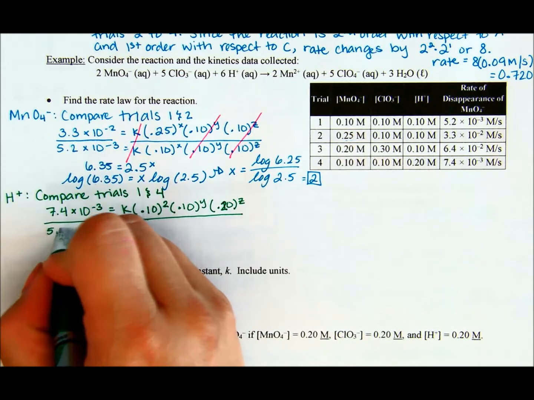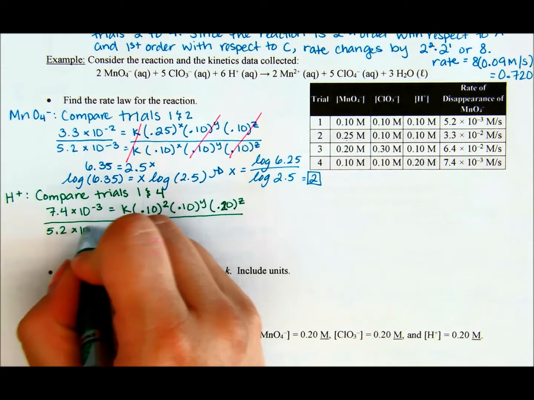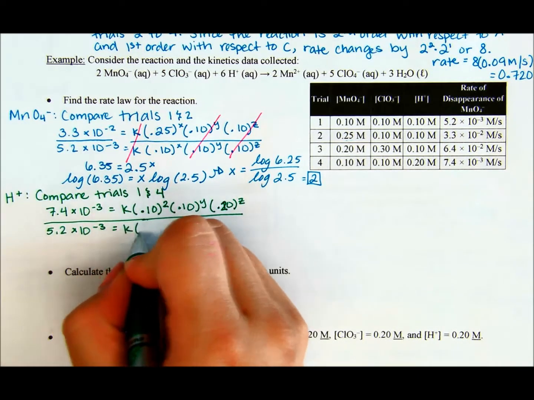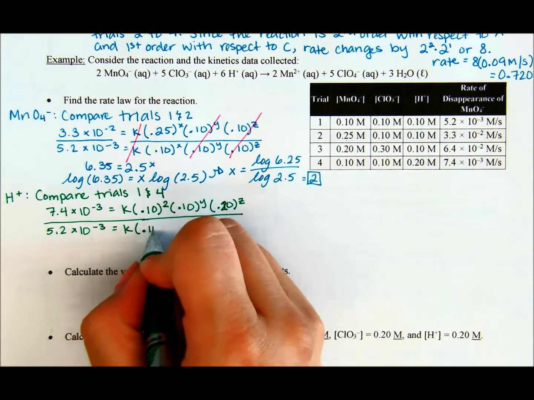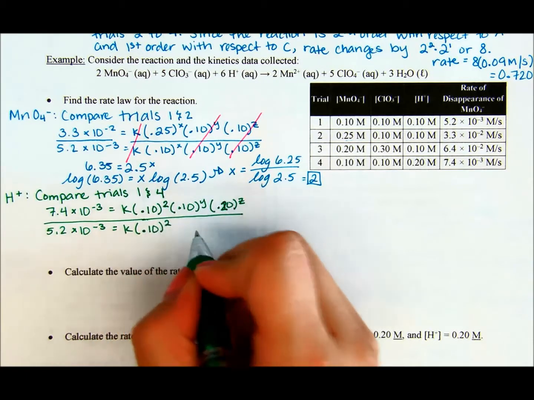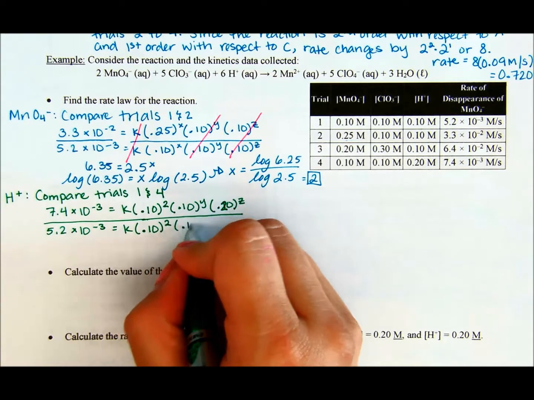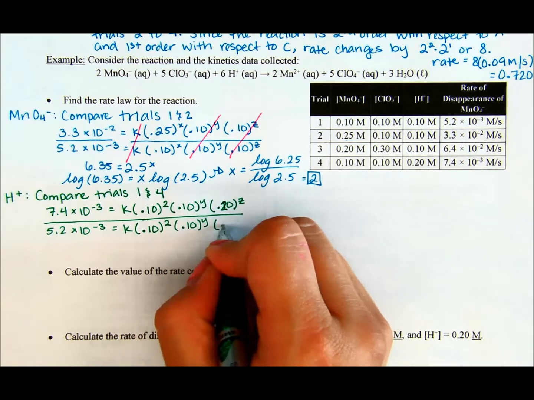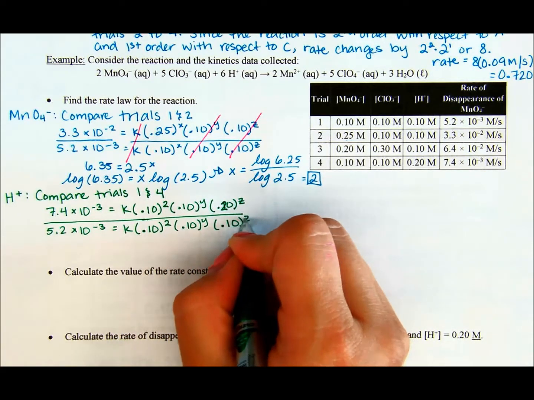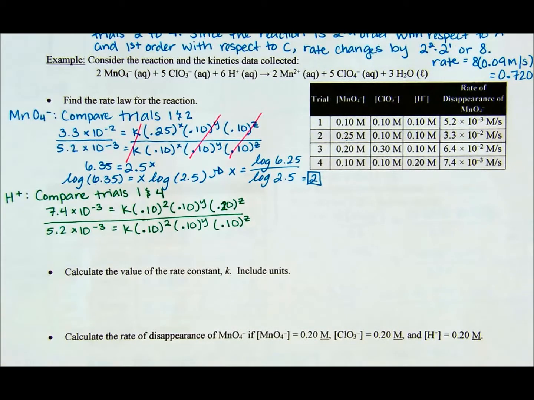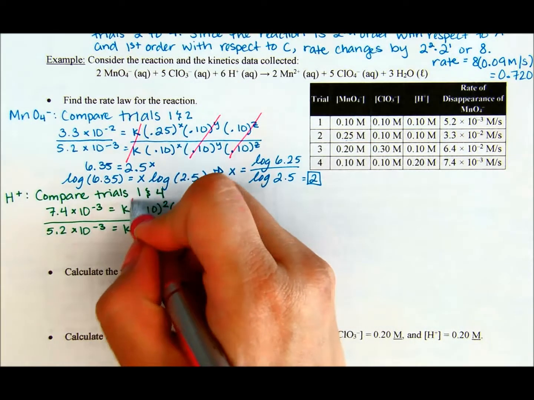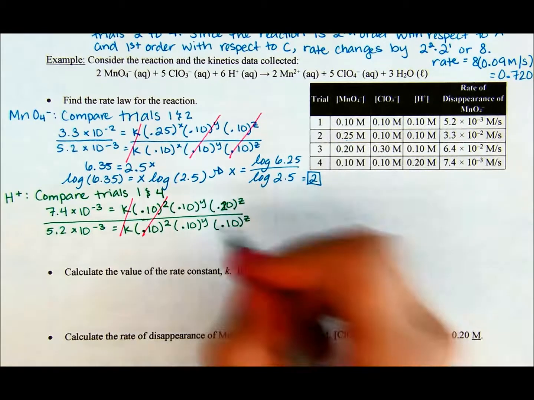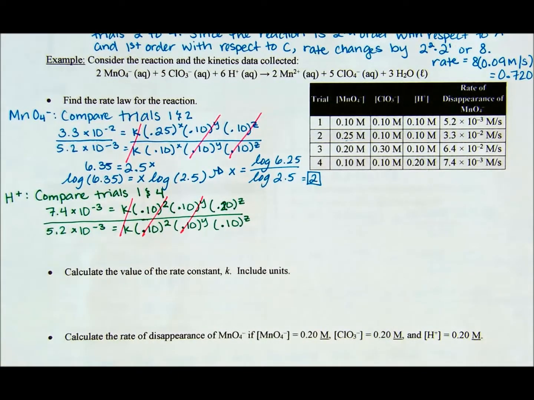So my numbers from trial 1, 5.2 times 10 to the negative 3 equals k times 1.0 squared, because we know that's a 2. 1.0 to the y, 1.0 to the z. And we're going to cancel out things that are the same on both sides. So k's, those are the same, and those are the same.